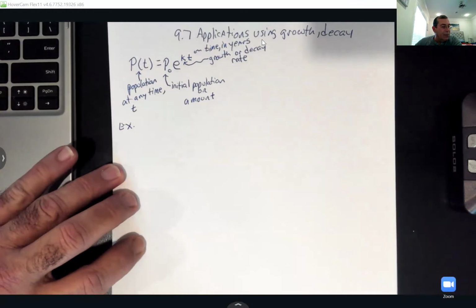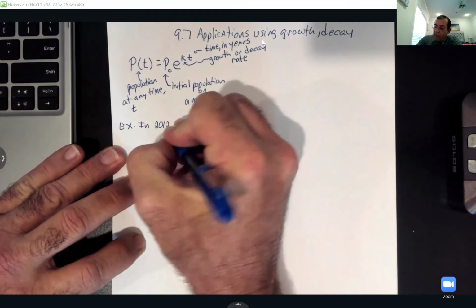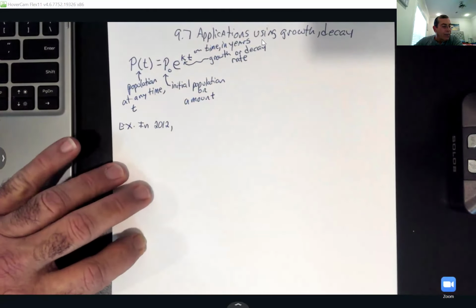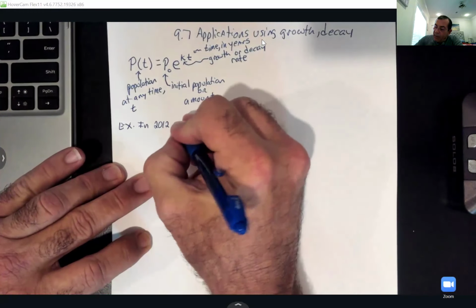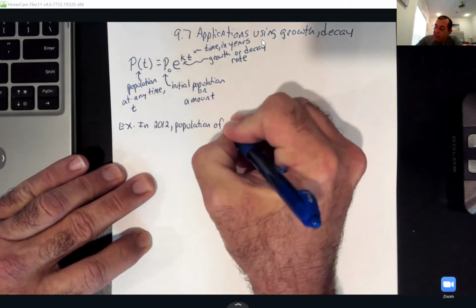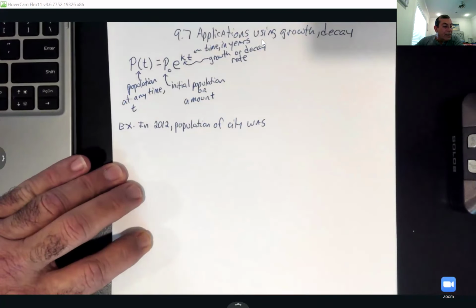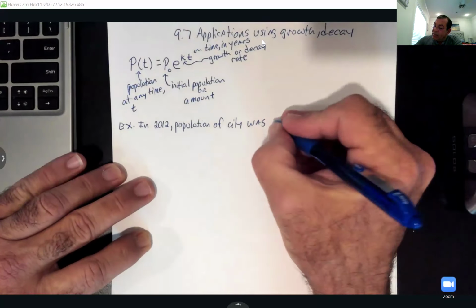All right, so this example says in 2012, the population of a city was 5.86 million.